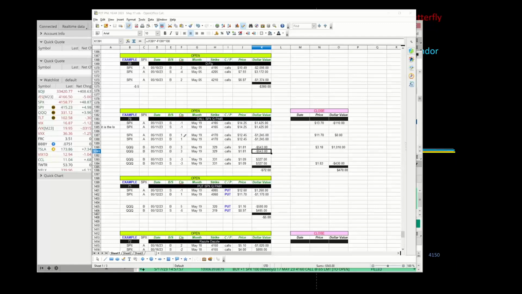We bought back to close 1 SPX and sold 3 contracts of the QQQ. And now we have half as many of the pair on. So we still have a butterfly for the first pair, 1 short contract that's overlapping of the second pair and 3 long QQQs.